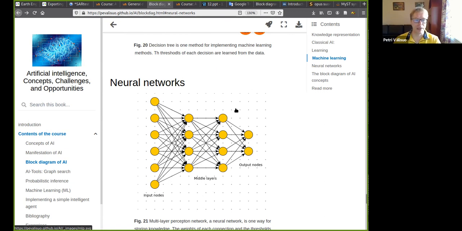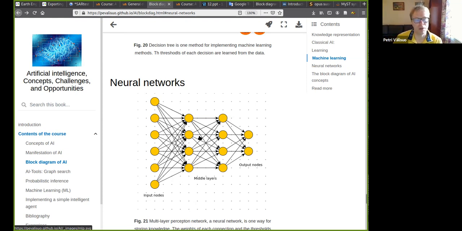And because there are plenty of weights and plenty of parameters to learn, you need to have a pretty large amount of samples for teaching this kind of network. And if you have plenty of these output nodes, so plenty of classes, then you need even more. You may need more of these middle layers, and then you need more samples for training.